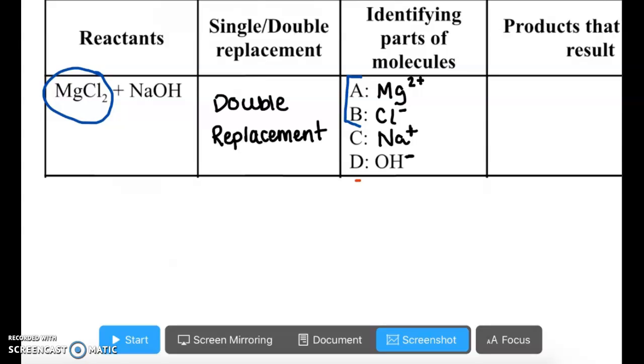Let's do a quick check that our overall molecule is indeed neutral. If my Mg has a charge of 2+, and my Cl has a charge of 1-, but I have 2 Cl atoms, well, yeah, overall this is going to be neutral. Excellent. So we have now determined that this is a double replacement reaction.